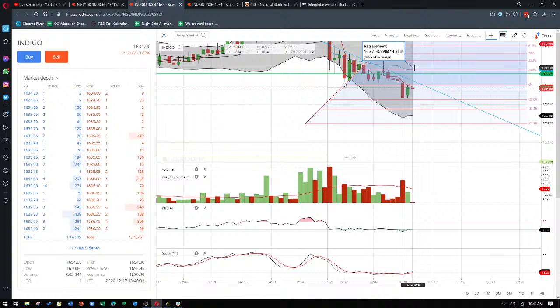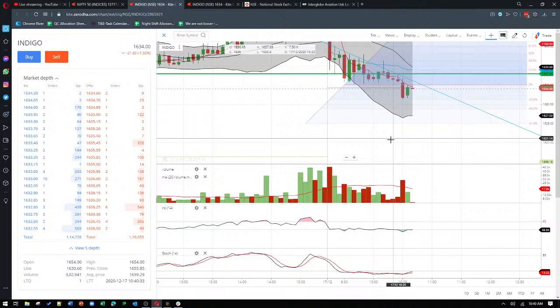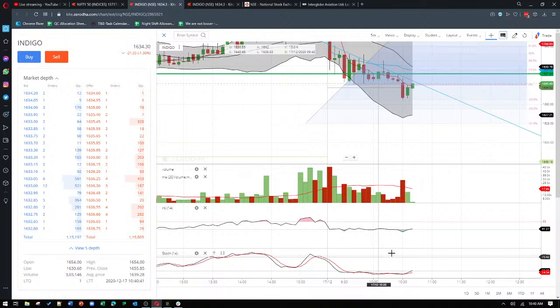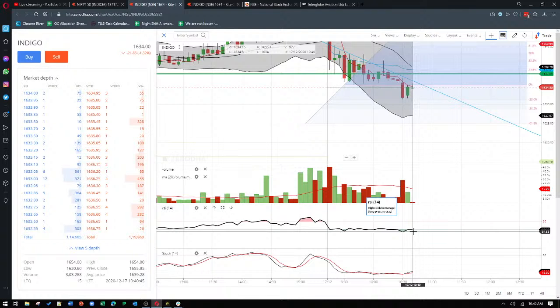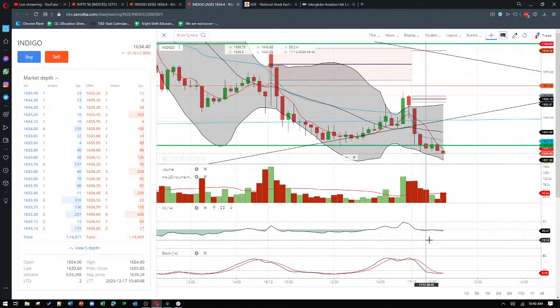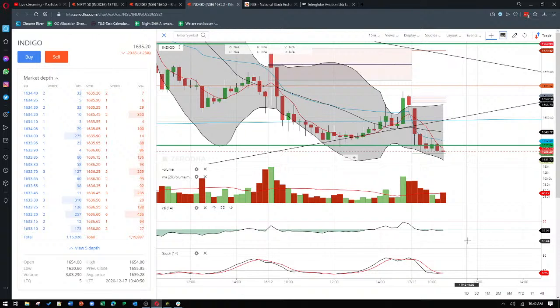So let us wait there. What about RSI? RSI is still in the 40 range in the 5 minute candle, and in 15 minutes also RSI is at the same range of 40.